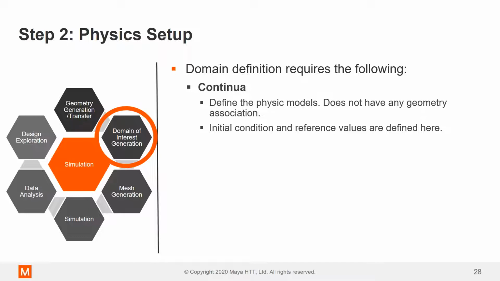So continuum is where you define the physics model. Now, what are these physics models? They are the type of simulation solvers you want to use. They could be 3D or 2D. They could be steady, transient, the turbulence models you want to use, the material properties. But within the continuum, you also define the initial conditions or any reference values, like reference pressure, for example.